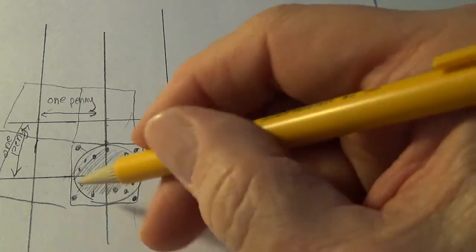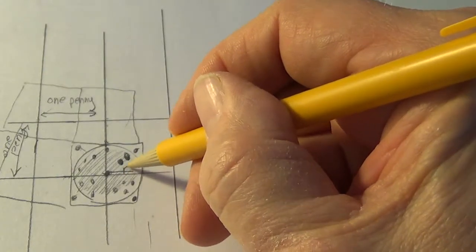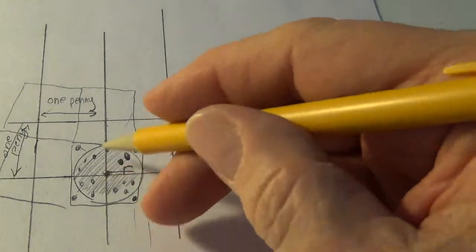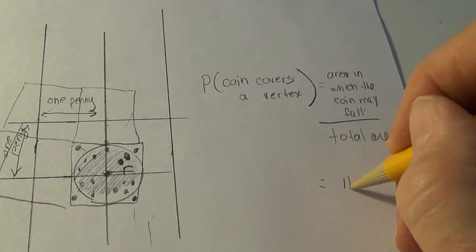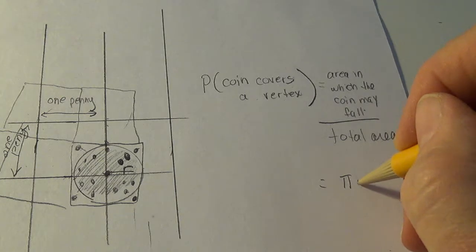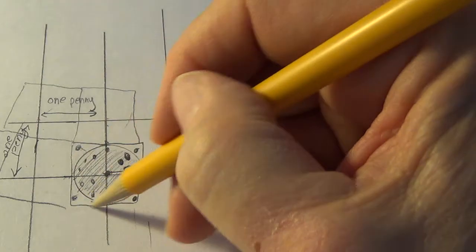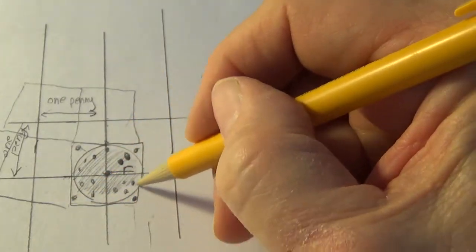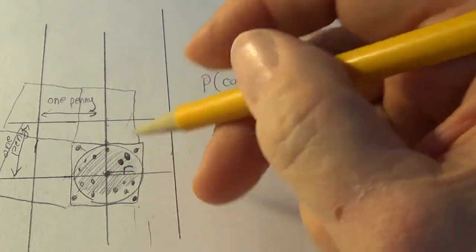So this has a radius of r, whatever the penny's radius is. So we have the area in which the coin may fall. It's a circle, so we have pi r squared divided by, what's the area of this square around the circle? Well, what are the two dimensions, width and length, of the square?